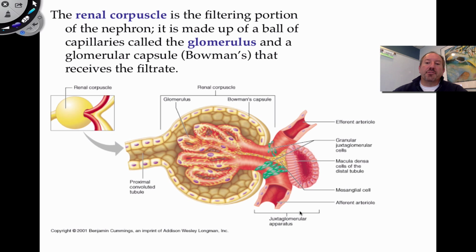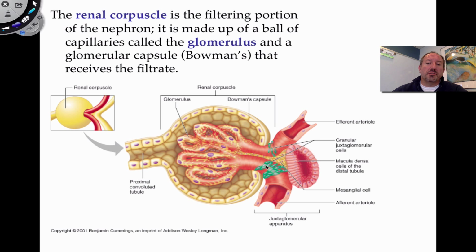Here's the afferent, so the blood is coming in. The afferent arteriole has endothelium cells, which are simple squamous, but it's also surrounded by smooth muscle cells. I'm just going to put a shout out here: I won't mention it too much in this video, but there's another one coming about an enzyme called renin.